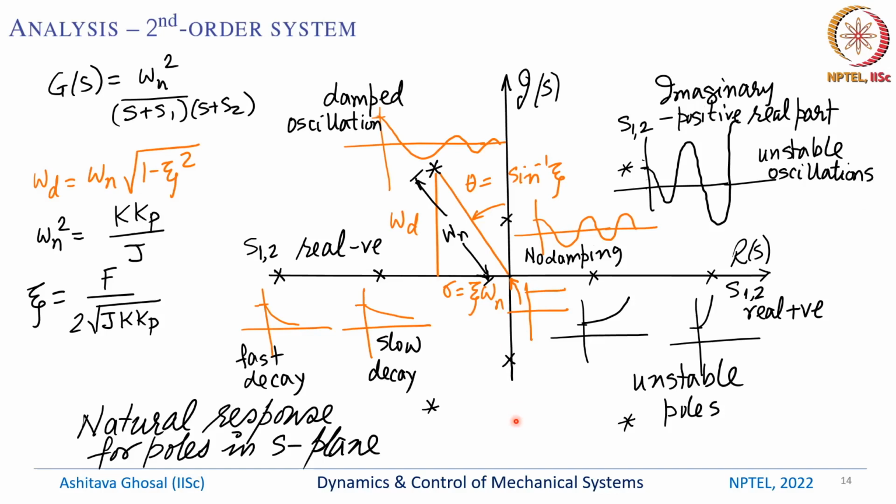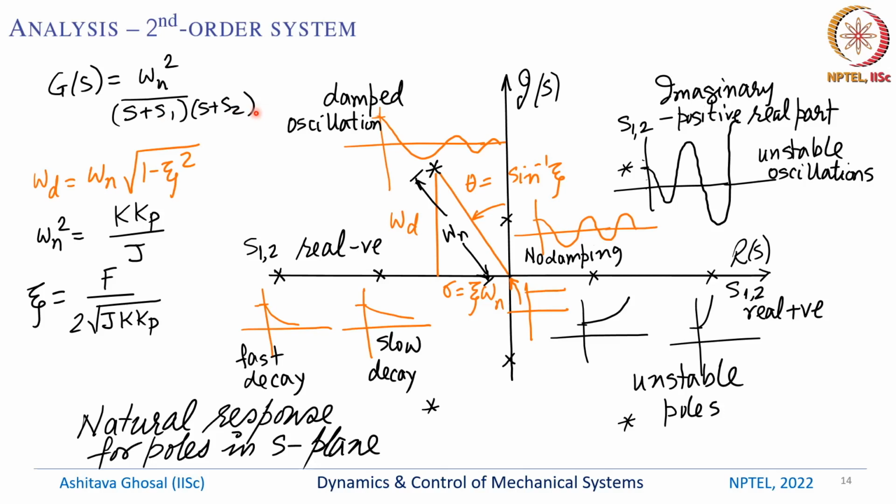So let us summarize this second order system. A general second order system can be written in this form: G of s is omega n square divided by (s plus s1) into (s plus s2). This s1 and s2 could be real or they could be complex conjugate.